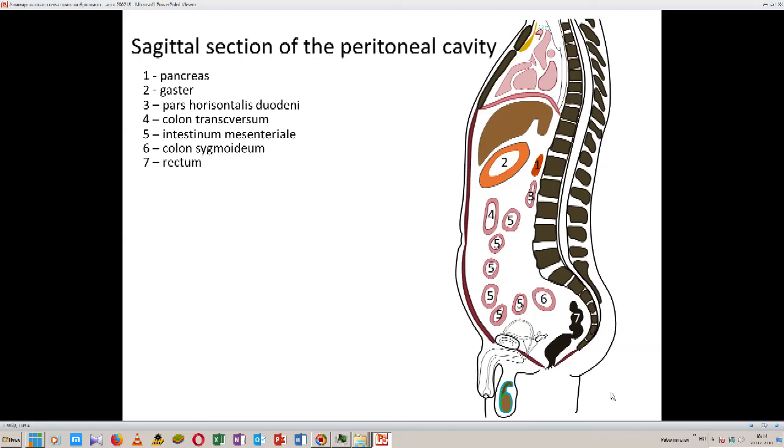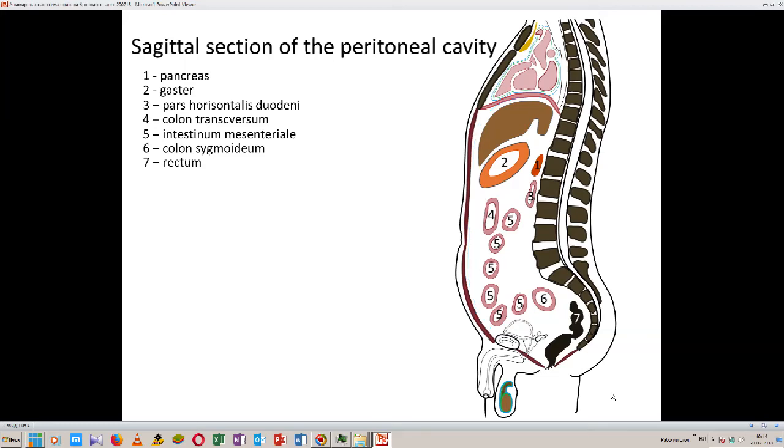So we can remember that the peritoneum is one of the serous sheets in our organism, and they have parietal and visceral parts.